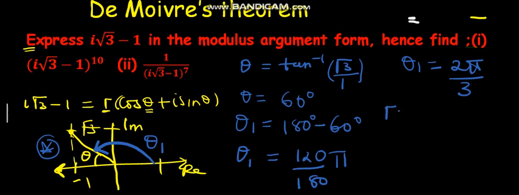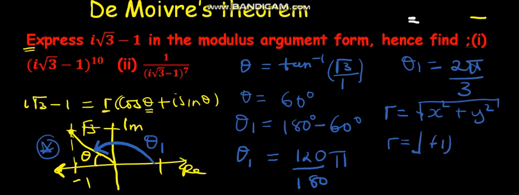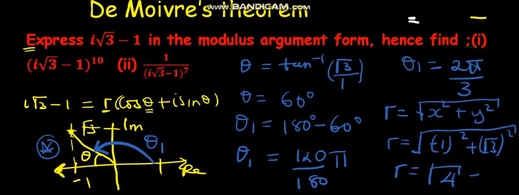Also r is equal to the square root of x squared plus y squared. For this case, x is negative 1, squared, plus √3 squared. The square of negative 1 is 1, plus √3 squared, which is 3. Therefore 3 plus 1 we shall get 4, and the answer will be 2 units.